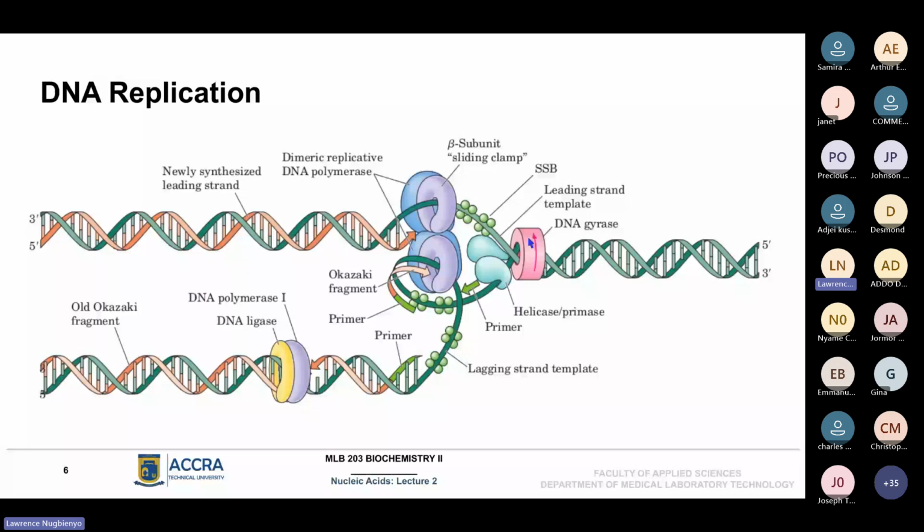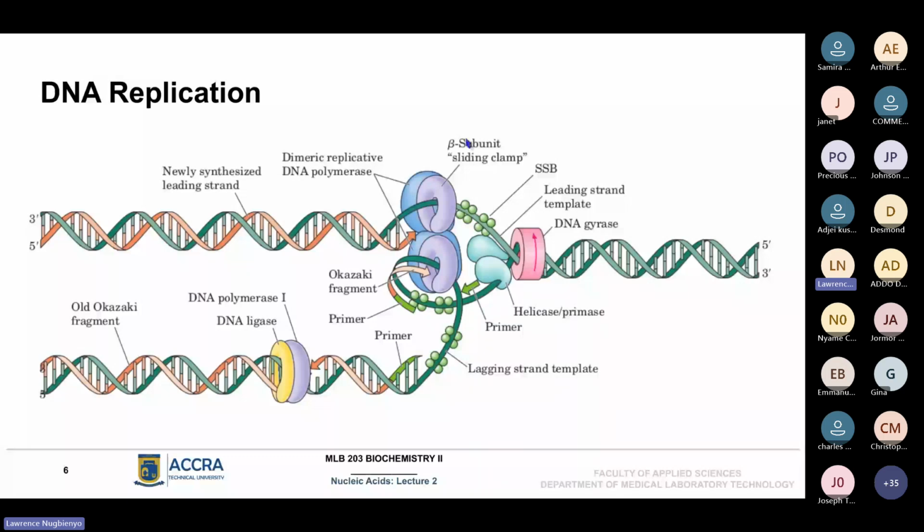Then you also see that this strand is labeled as the leading strand. It means it is on that strand that the synthesis of the new strand is in a continuous manner from the 5' end to the 3' end. You also see the beta subunit sliding clamp.